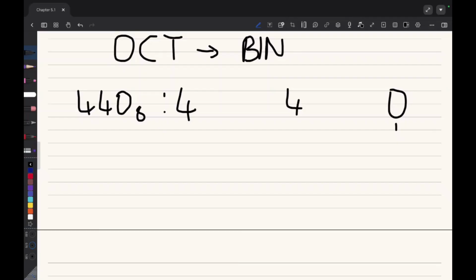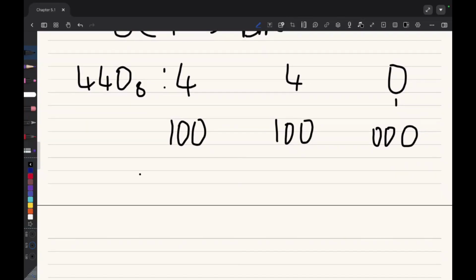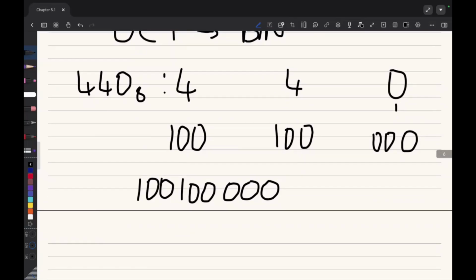We know that 0 is just 3 zeros, and that 4 is 100, and the other 4 is also 100. So our binary representation is going to be 100, 100, 000. This is our binary representation of the octal number 440.